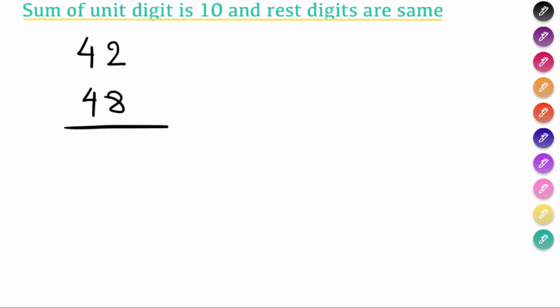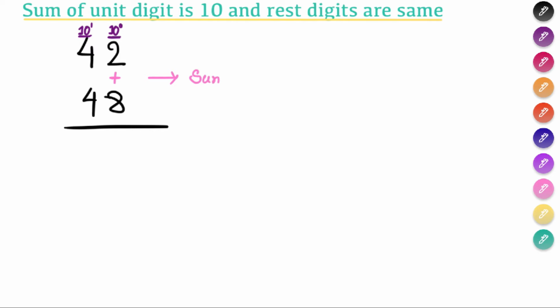Okay, so just check here. Let me represent the unit digit as 10 to the power 0 and the tenth place as 10 to the power 1. Now just check the sum of unit digit. Is the sum of unit digit 10?